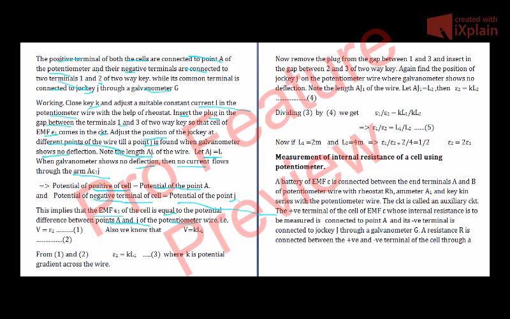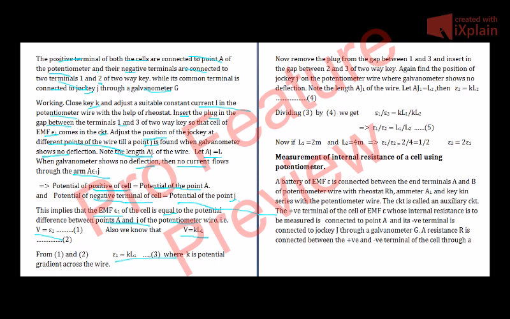That is, V is equal to E1, equation 1. Also we know that V is equal to KL, so V is equal to KL1, equation 2. Comparing the right-hand sides of the two equations, we get E1 is equal to KL1. Let us denote this as equation 3, where K is the potential gradient across the wire.